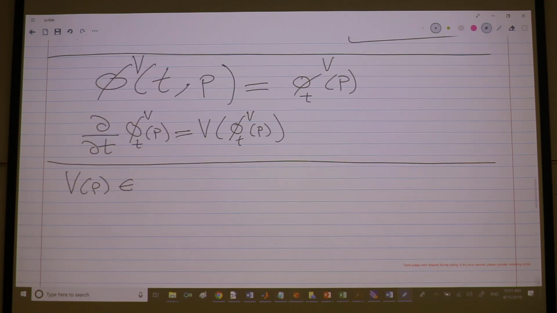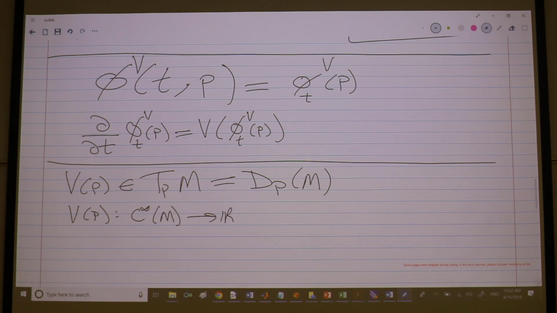So V of P, where does this guy live? Tangent at P. Yeah, so this guy lives in T_P M. So it's a derivation. V at P takes a C infinity function, a smooth function on M, and gives you a real number, the directional derivative, correct?